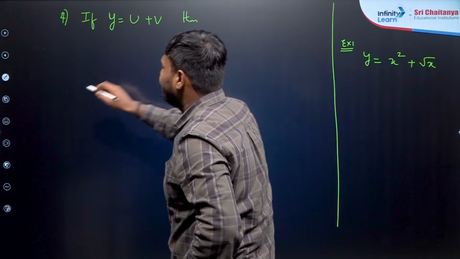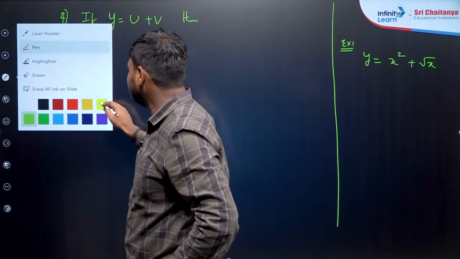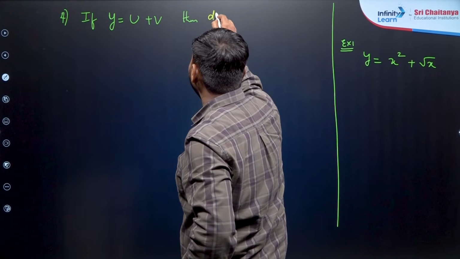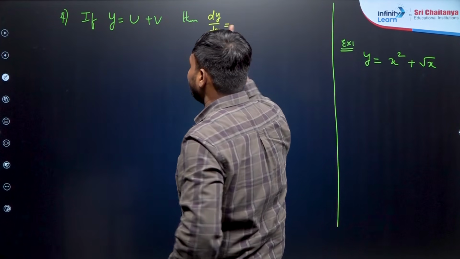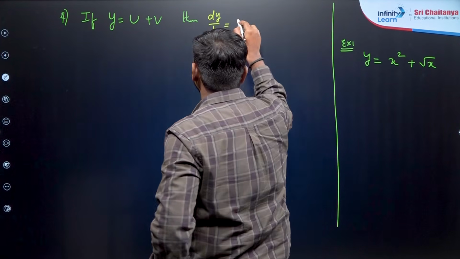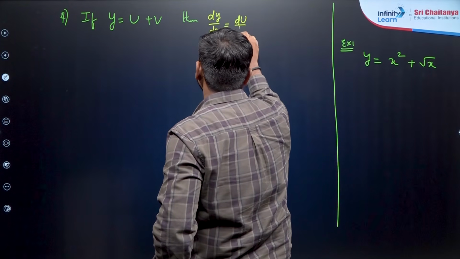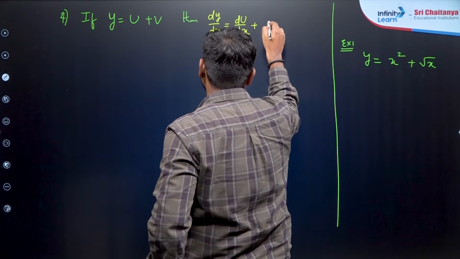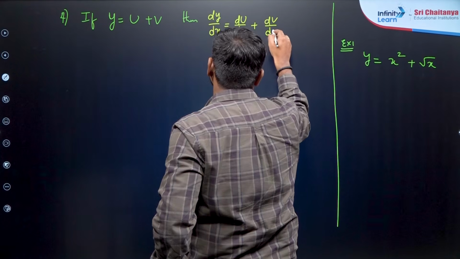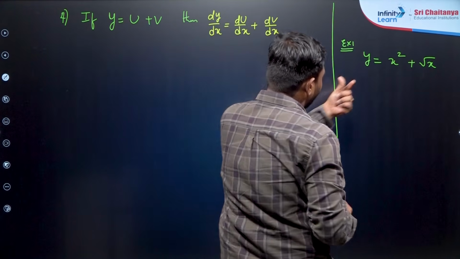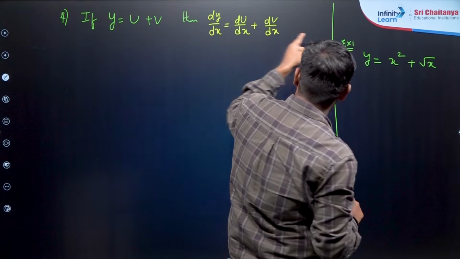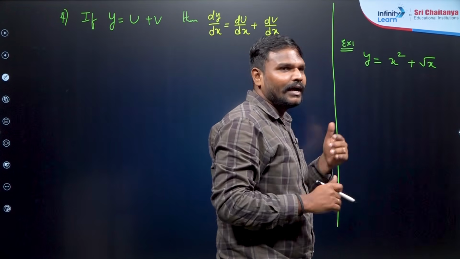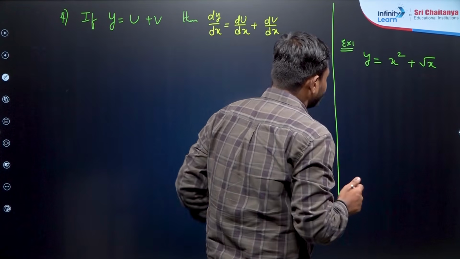Then what will the derivative become? dy by dx is equal to, if you apply derivative on the LHS and RHS, derivative of u plus derivative of v. That means we have to differentiate x square, differentiate root x and add both the derivatives. This is the formula for a u plus v function.